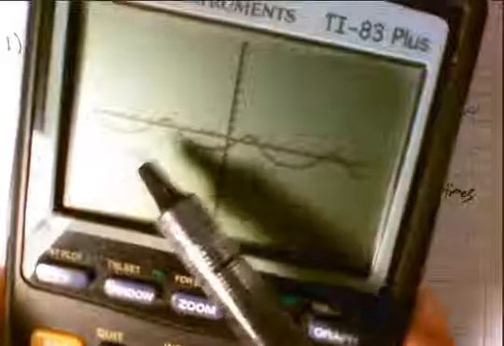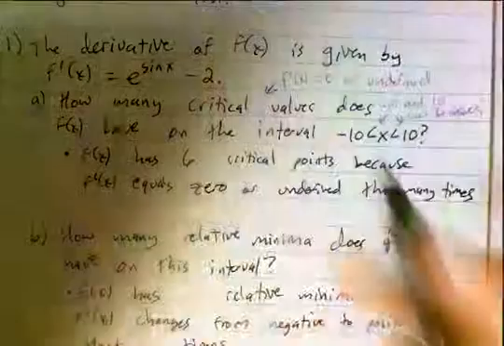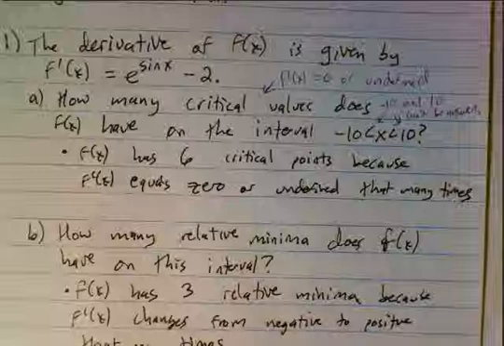So specifically from negative to positive happens once there, twice, 3 times. So 3 relative minima.